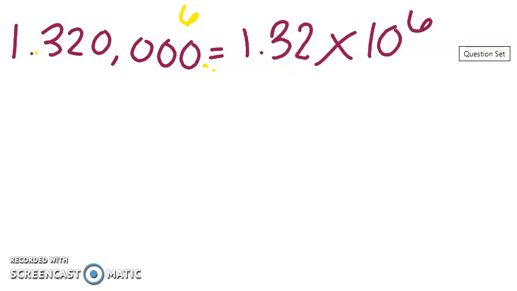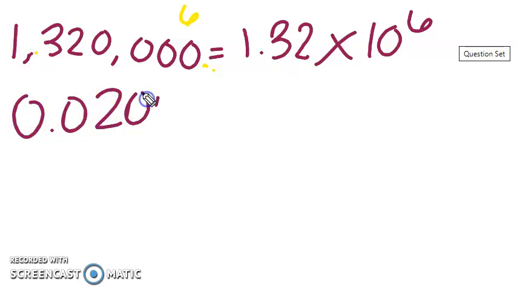Now let's say we were going to go from, let's make sure we keep that comma, from 0.020400, and let's say we're going to put this into scientific notation. So remember our decimal is here, and we have the same idea. We want it to be right here. We want one number in front of the decimal, and that number needs to be between 1 and 9.